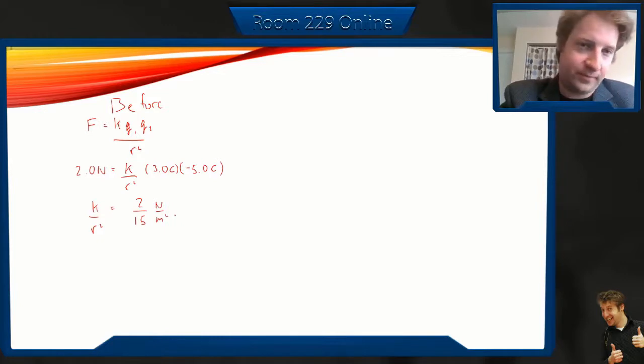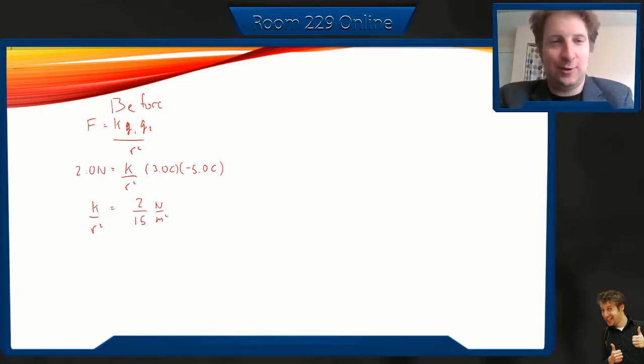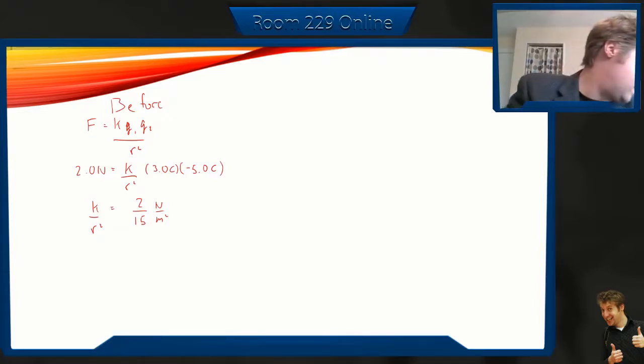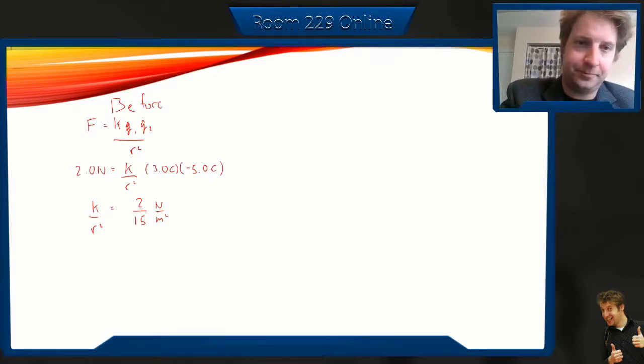Okay, so 2/15 newton meter squared per coulomb squared for this k over r squared. Okay, the coulombs have canceled out because I got rid of them. Okay. So, what's going to be next? So that's going to be before. What about after?